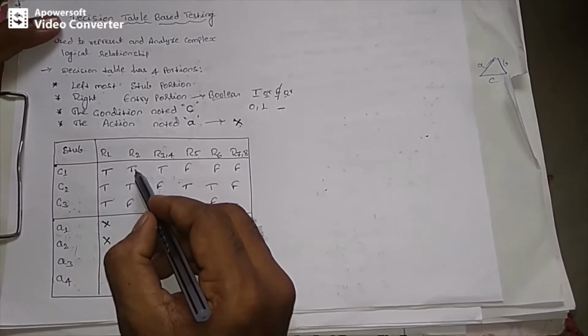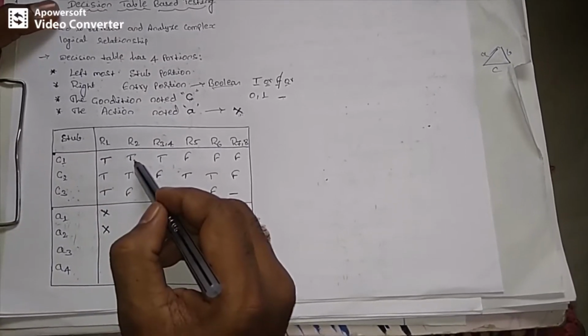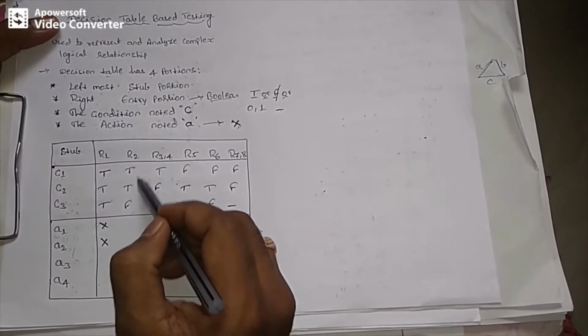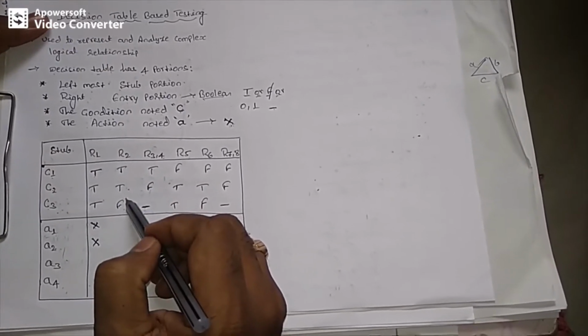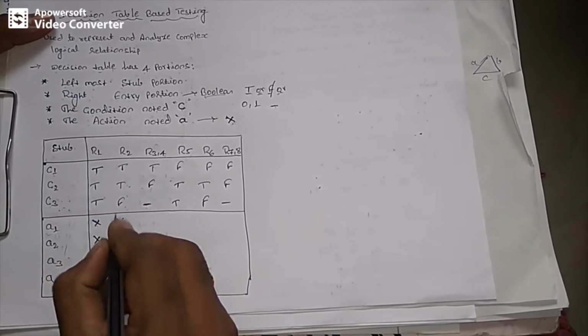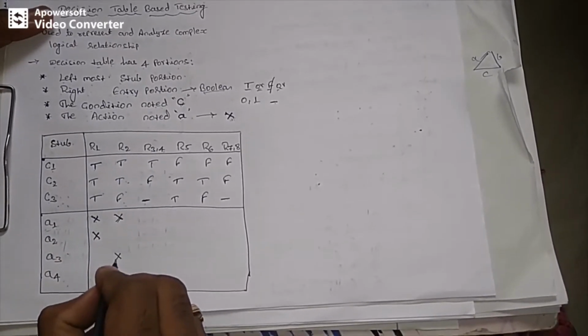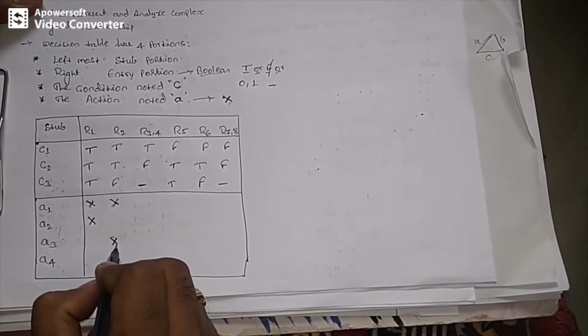So second rule, second combination of input. If one is false and the other conditions are true, my output result will be A1 and A3. Then you need to mark the respective columns with an X.